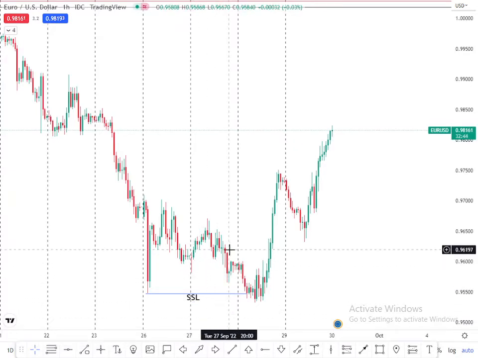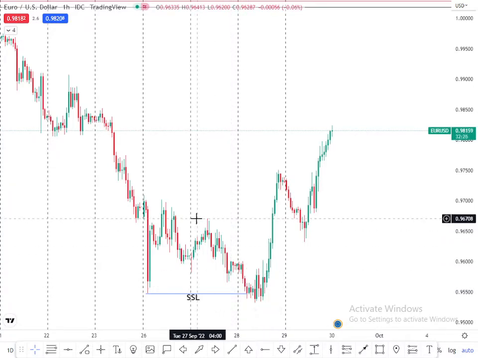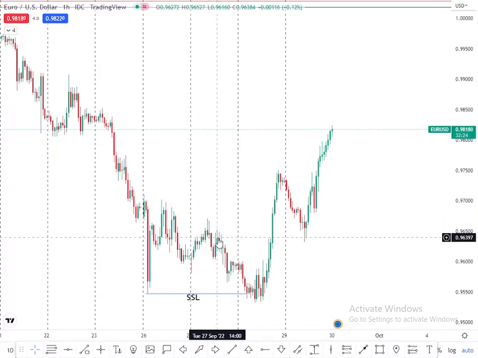The next thing is to identify a break in market structure, right? What I normally gauge in terms of identifying a break in market structure is the last significant lower high if the previous trend was a bearish trend.